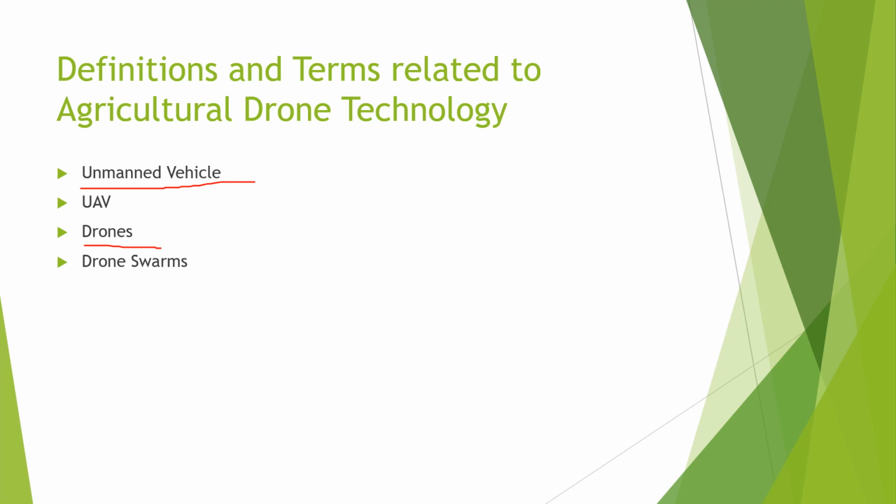Drone is the common term used by people like us, in military, agriculture, and for capturing images in public usage. But since drone models are small and have short endurance, we coin the term drone swarms. In future, drones may be called drone swarms based on their application and usage.